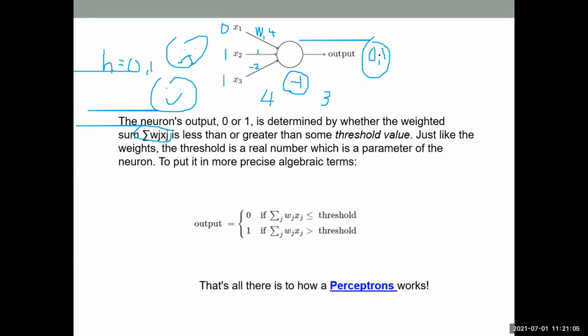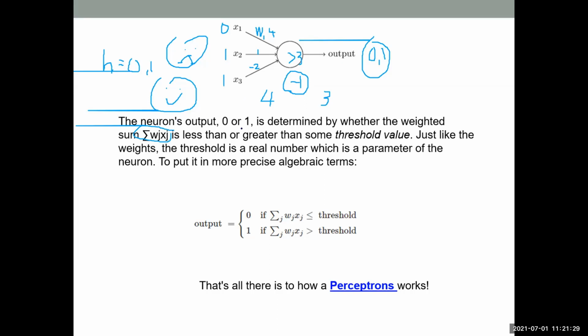Okay, that's the idea. So we have some kind of threshold here. I said, suppose if it's greater than 3, then we're going to output a 1. And if it's less than 3, we're going to output a 0. In this case, the combination I gave here was -1, which is less than 3. So we will output a 0.